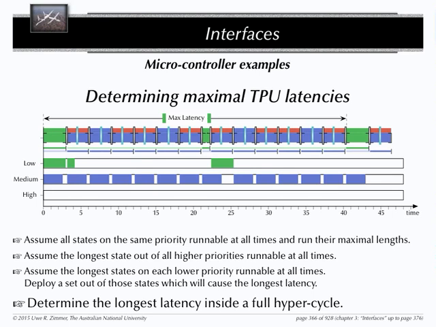For the lowest priority task, I just have to figure out one state from any of the higher priority bands, which is the longest state I can find anywhere in any of the higher priority bands, and I assume this is always runnable. This gives me the maximum latency. And people do that. So this is a classical form of analysis which you do step by step and calculate the overall latencies of your system.